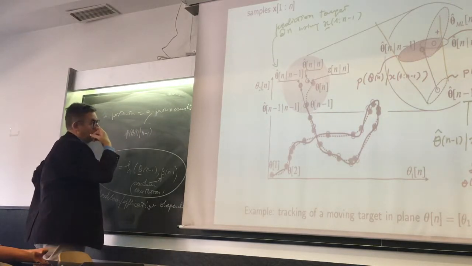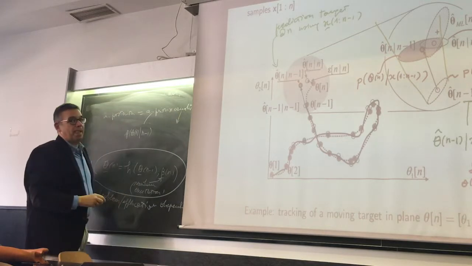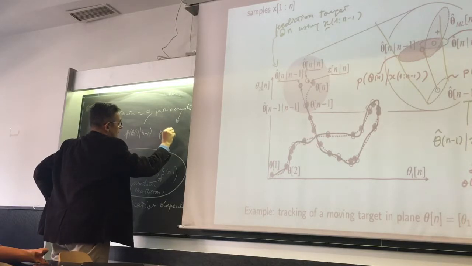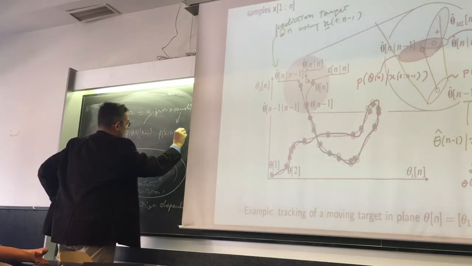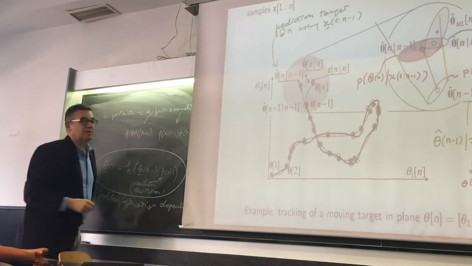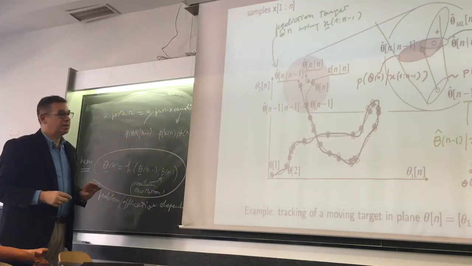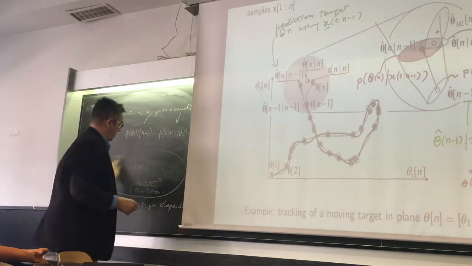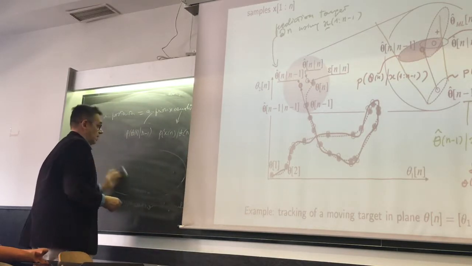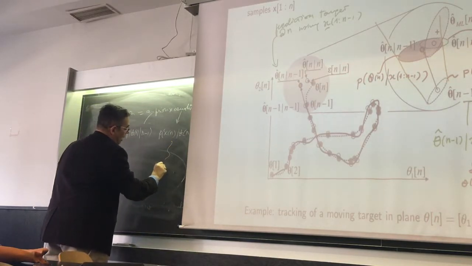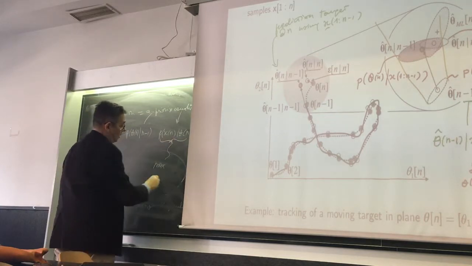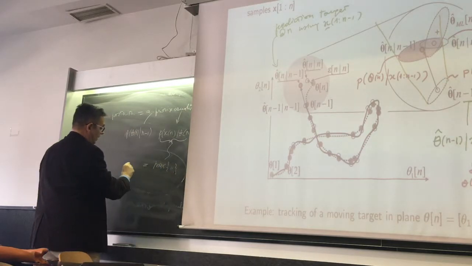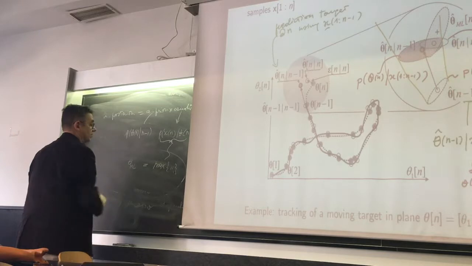This is the a priori. What is the condition on that? The condition is the probability of x n given theta at time n. When I multiply these two together, I get the posteriori. If I maximize this term only, by maximizing this term, I get the theta maximum likelihood.